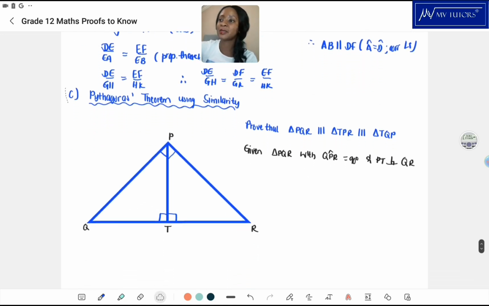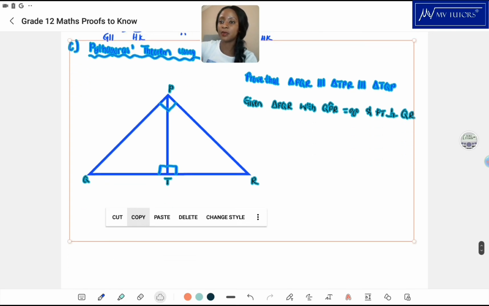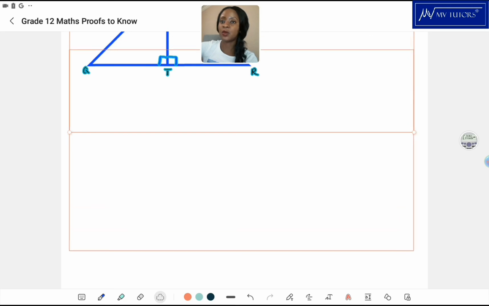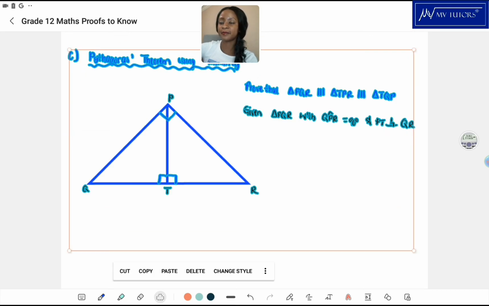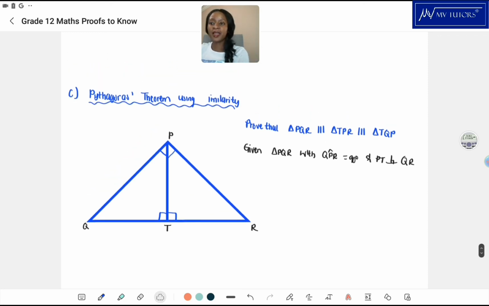Let me just take this a bit lower, and then we can discuss. Okay. Let's see what it is that they want from us. Alrighty, so this is Pythagoras' theorem using similarity. I see that I didn't put in an S there.